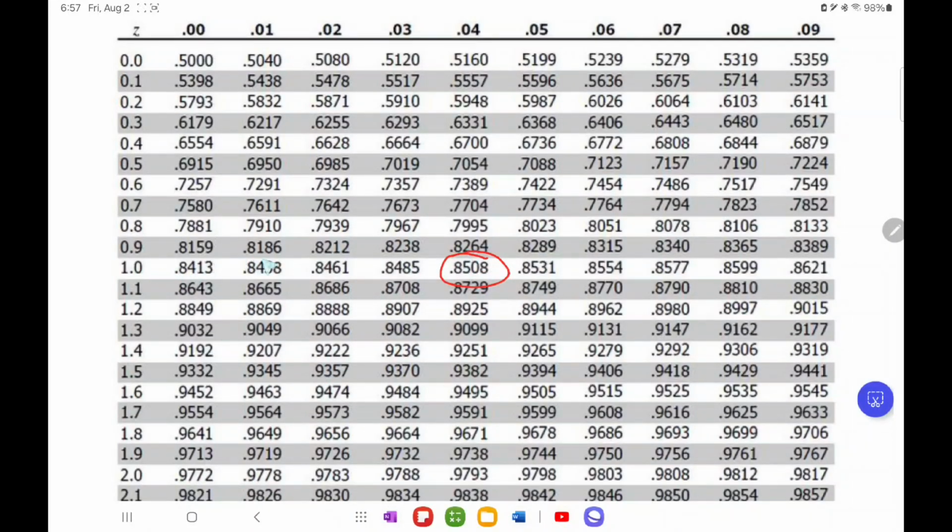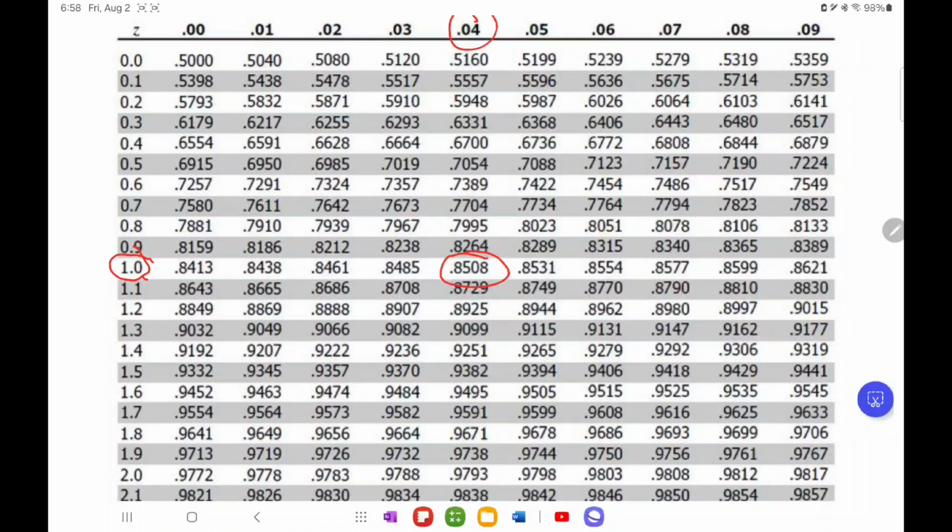So the corresponding z value is 1.0 to the first decimal place, and then the second decimal place is 0.04. So that's why the z value is 1.0 plus 0.04, which is 1.04, right? So that's how you're going to use the table to find the z value whose area to the left is 0.85.